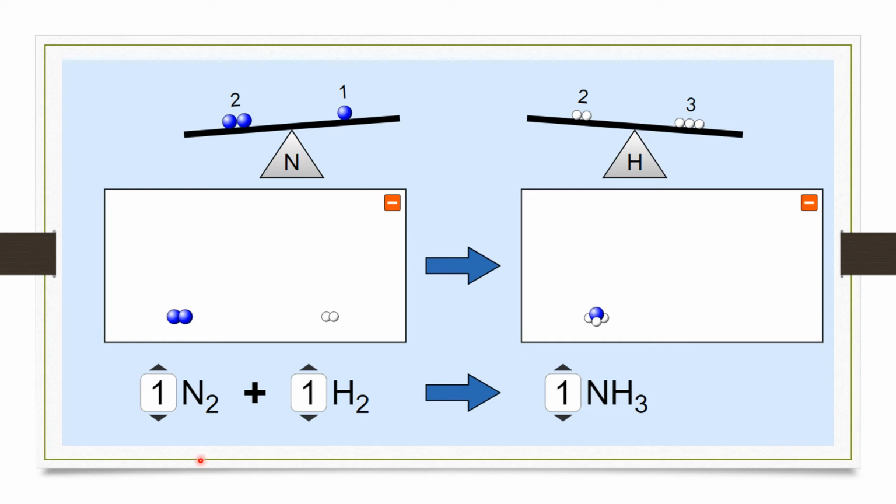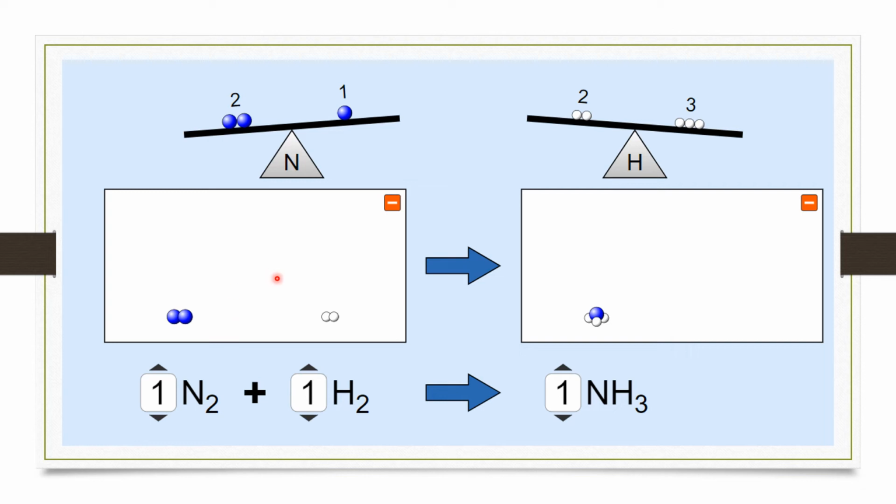Normally, when there is no coefficient in front of the formula, it means that there is one molecule. In this method, we will show this coefficient 1. As you can see, on the reactant side, there is one molecule of N2 represented by 2 blue spheres joined together.